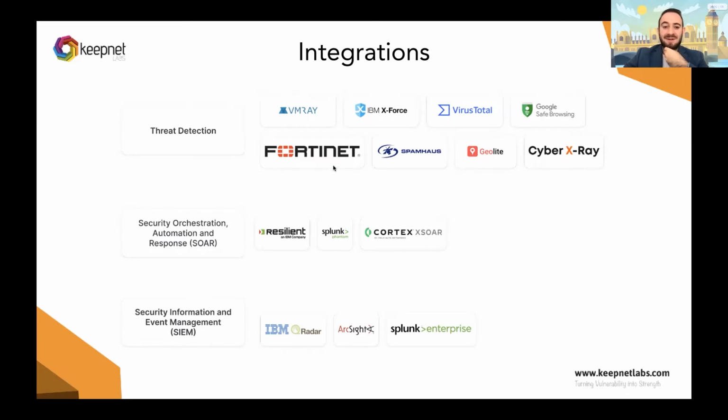Most of them come by default, and if you don't have any sandbox capability or AI-based phishing detection capability, you can have all these capabilities with us. But some integrations like VMRay or Palo Alto Cortex need your license. If you already have these solutions in your network, you can easily integrate them with our solution to get more benefits.